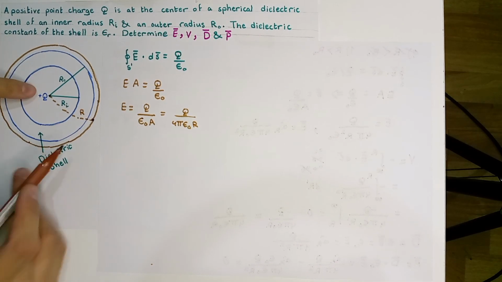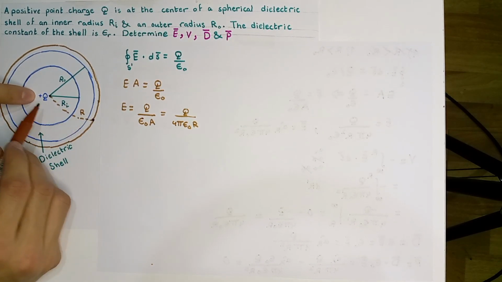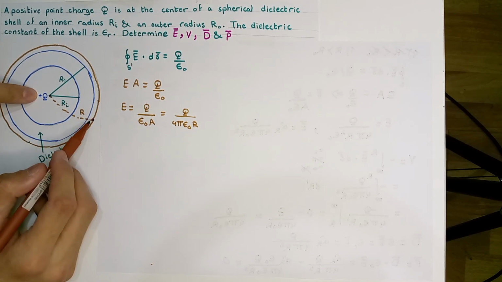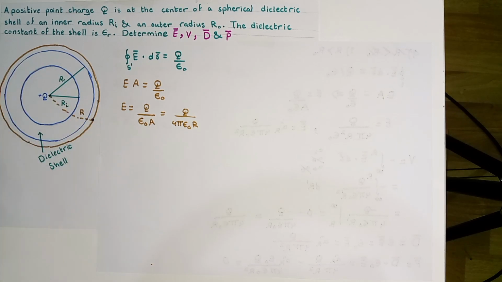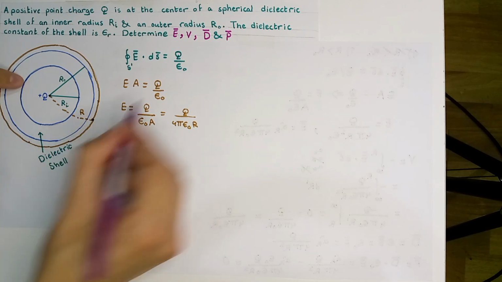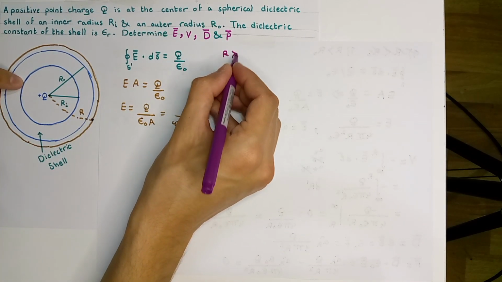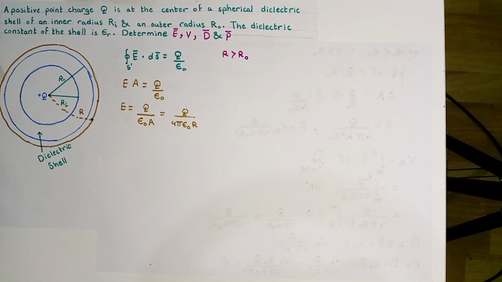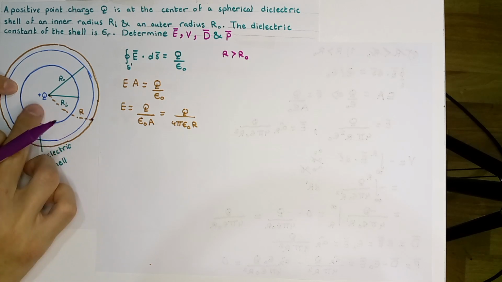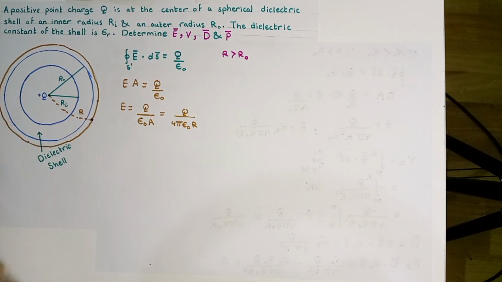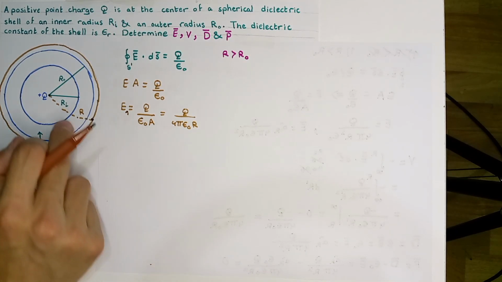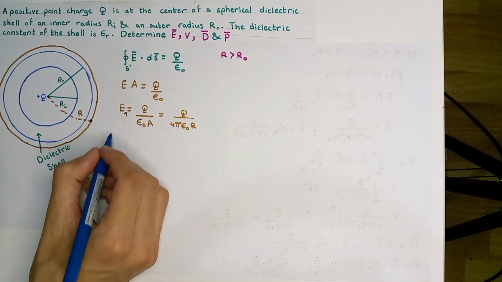It also represents the distance between the point charge at the origin and some point outside the spherical shell, and this is the electric field for the region R greater than R sub O. As we said before, the electric field varies between these three regions, so I'm going to use the subscript E1 to distinguish between the electric field inside each region.